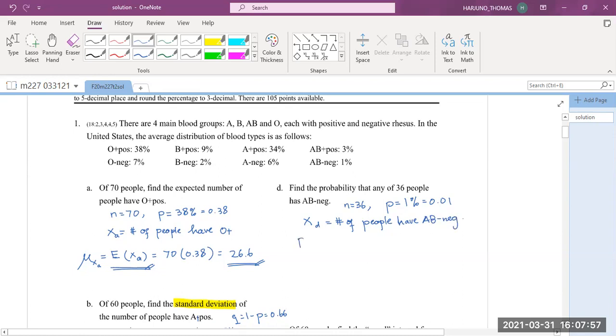Then the probability that any of them, at least one, has AB negative will be the complement of nobody having AB negative. Then I use my calculator. That's 1 minus binompdf.